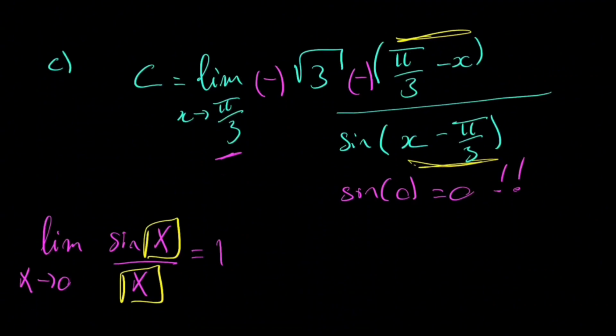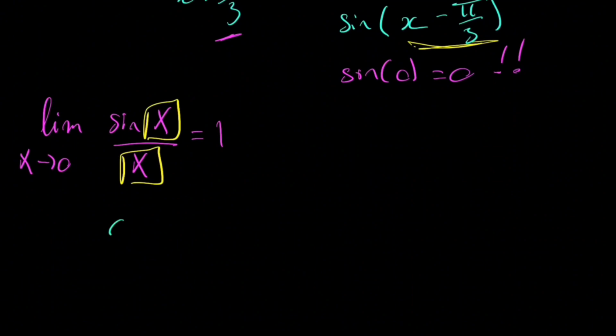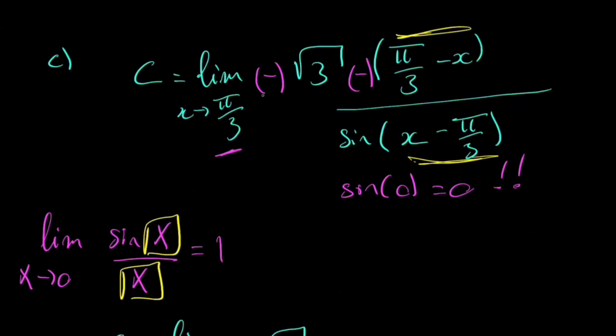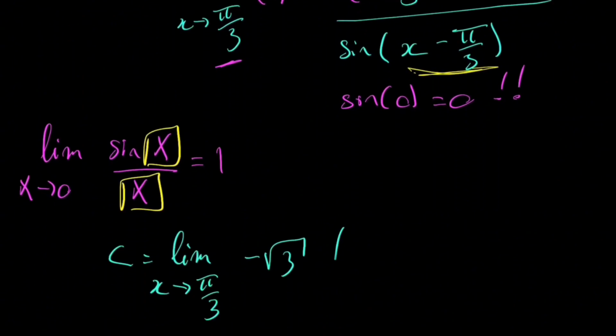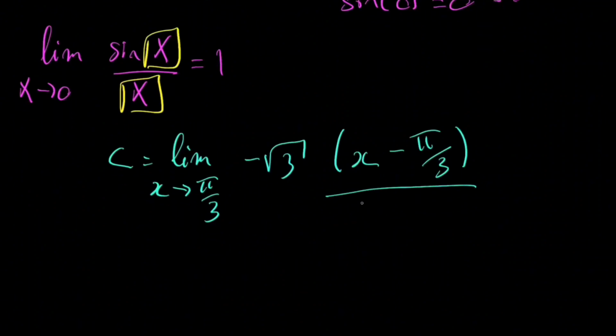Then c is equal to the limit when x tends to pi over 3 of minus square root of 3 times x minus pi over 3 over sinus of x minus pi over 3.